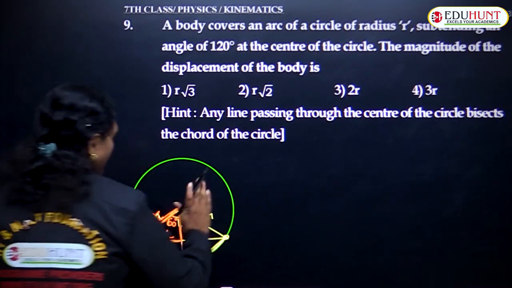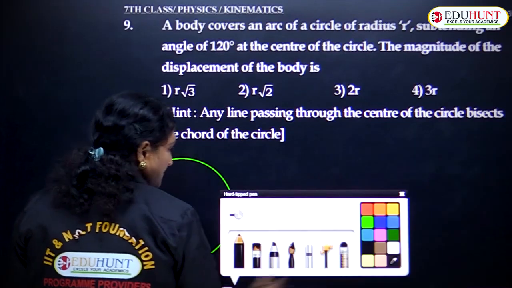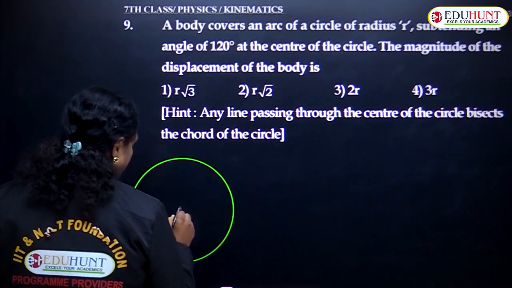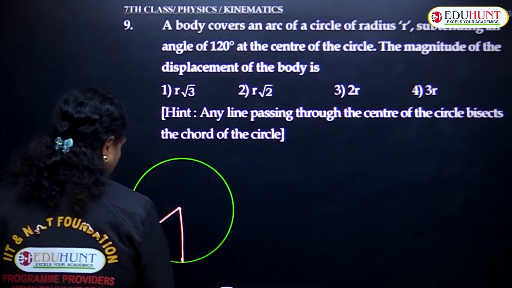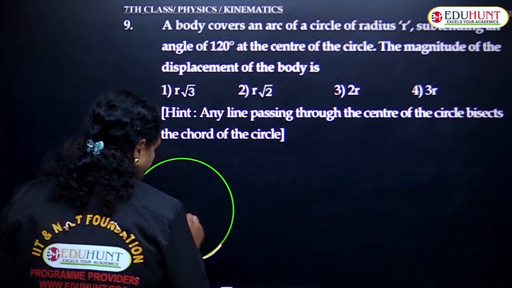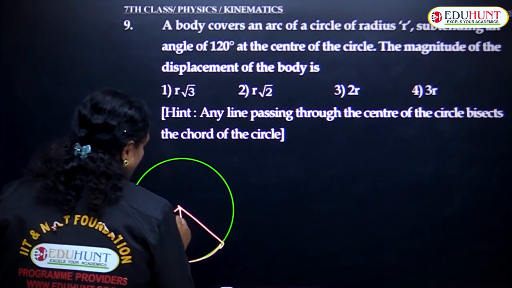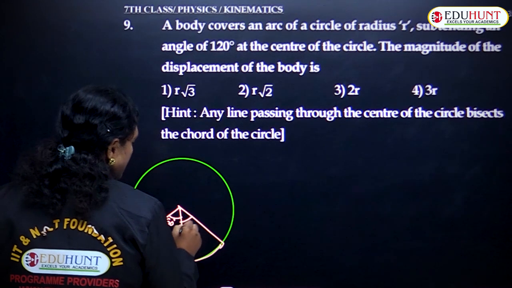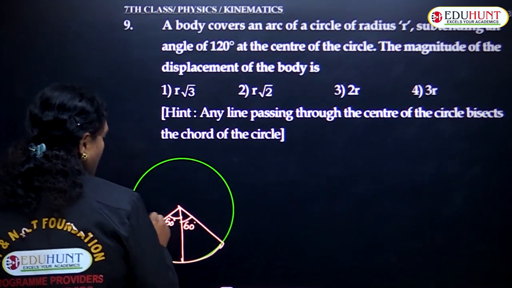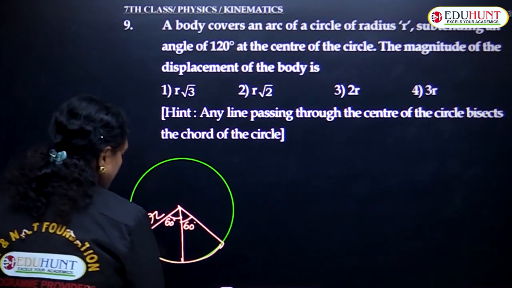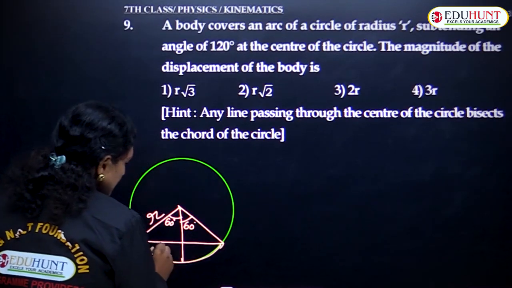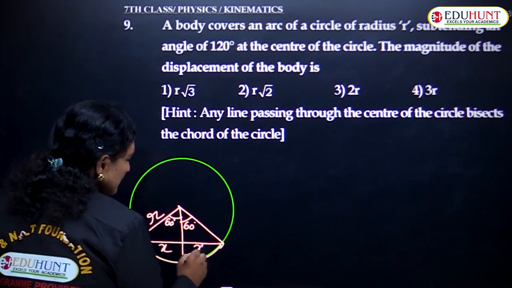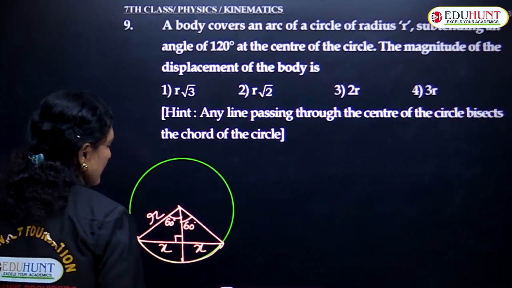Okay, let me draw it properly once again to make you understand. So the total would be 120 degrees. This portion is 60 degrees and this portion is 60 degrees. This happens to be r, and among which this is x and this is also x, and this will be a right angle triangle.